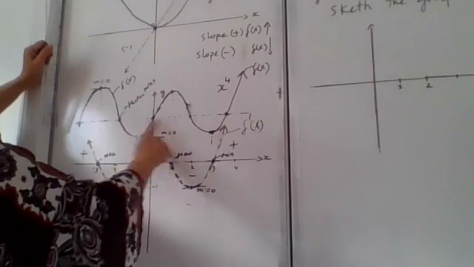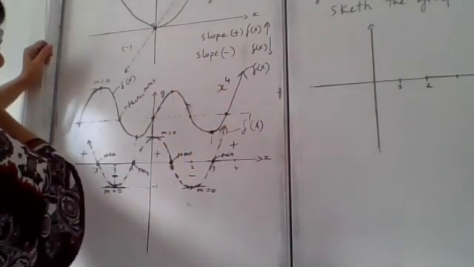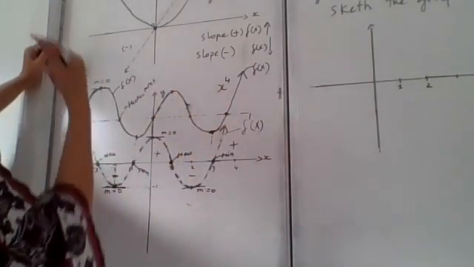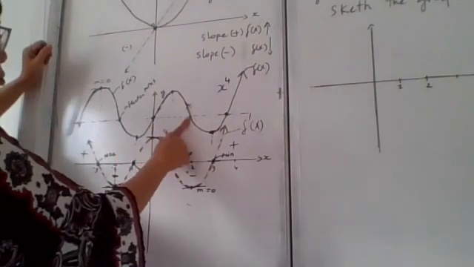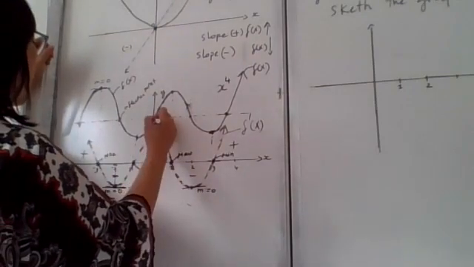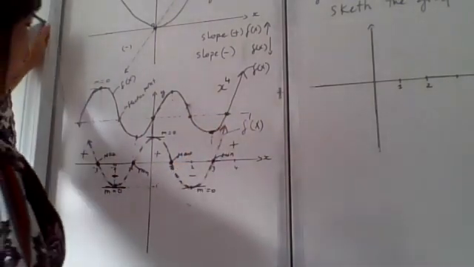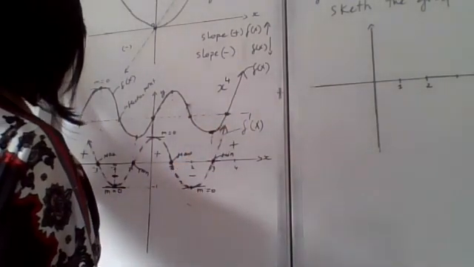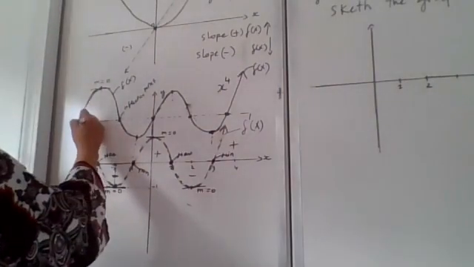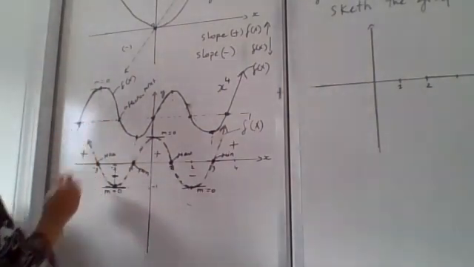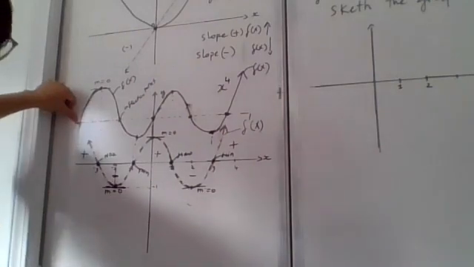Okay, we should have 5 roots. So what did I miss? We have 1 root, 2 roots, 3 roots, 4 roots. Do we miss anything? Okay, if we count this one, then we have this as the 5th root, but let's see how we know that.